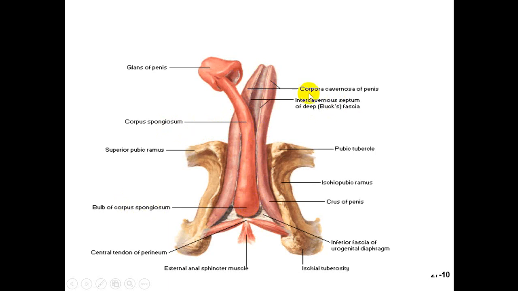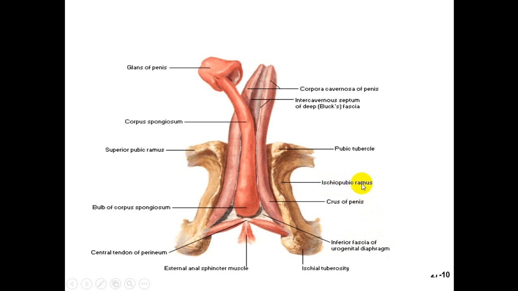Then the ends of the two corpora cavernosa muscles are called the crus of the penis. Then this is the central tendon of the perineum. You know the perineum, I explained it earlier on. Then the external anal sphincter muscle. We also have the ischial tuberosity, the inferior fascia of the urogenital diaphragm, and the ischiopubic ramus.